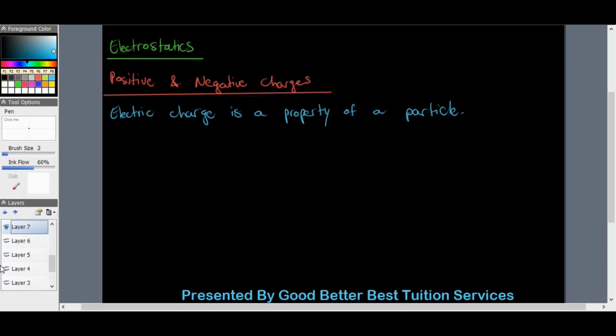They're neutral particles, and protons are positively charged. Just as a refresher, protons are positively charged, and then of course we have electrons, which are negatively charged.